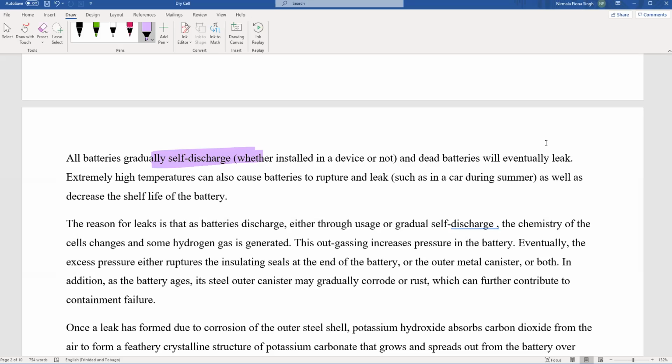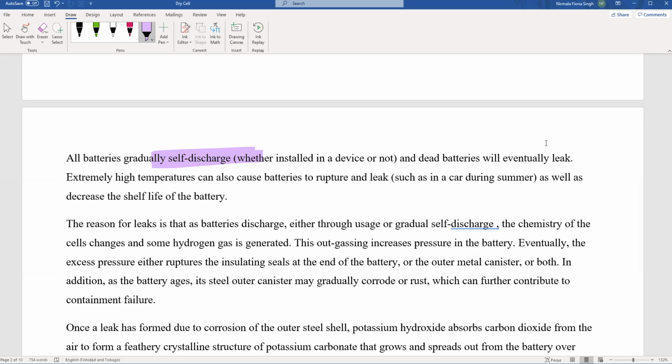The longer a battery sits in a cupboard or on a shelf, the more charge it is going to lose, and it's going to eventually die. And you don't want to use dead batteries, because dead batteries do leak. The reason for the leaks is that as the batteries discharge, either through usage or gradual self-discharge, the chemistry of the cells changes and some hydrogen gas is generated.